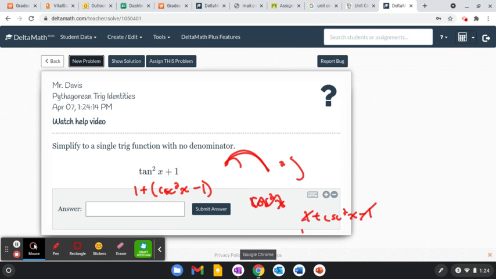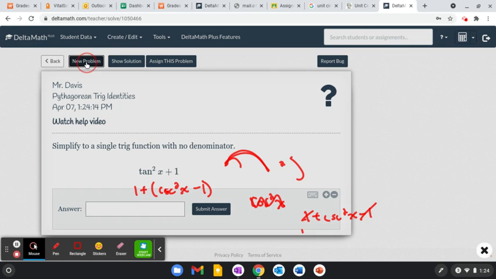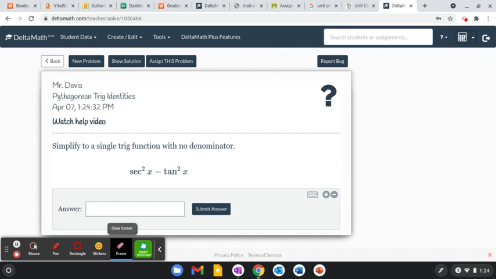So next one, we're looking for tangent squared x plus 1. Well, we can just look here. Tangent squared x plus 1 is the same as secant squared. So all you type in is secant squared. All right, this is our last one. Secant squared x minus tangent squared x. So just choose one of them to replace.